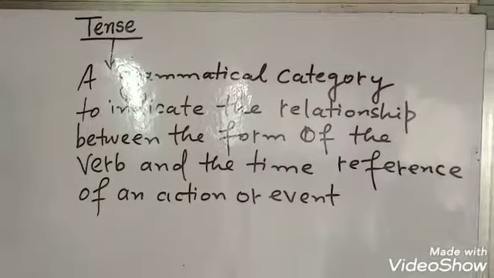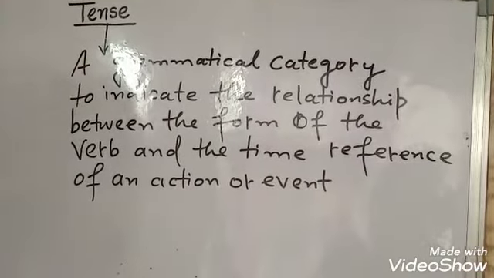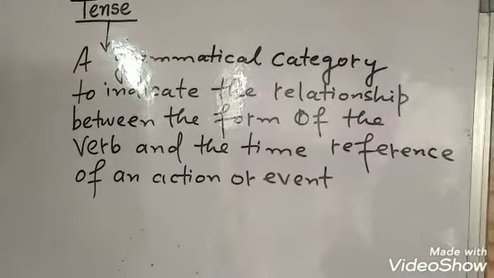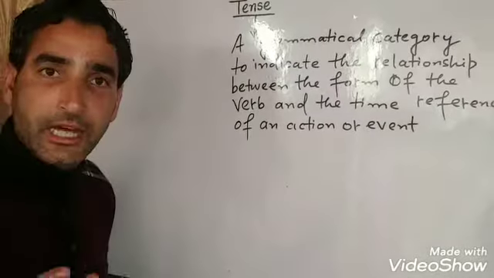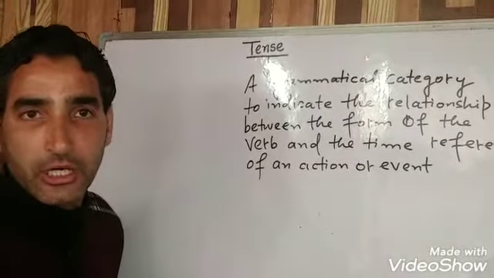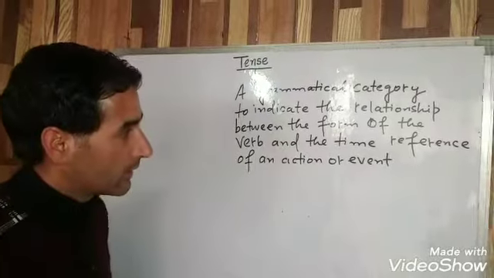So simply we can say tense shows the relationship between the form of the verb and the time reference of an action or event.